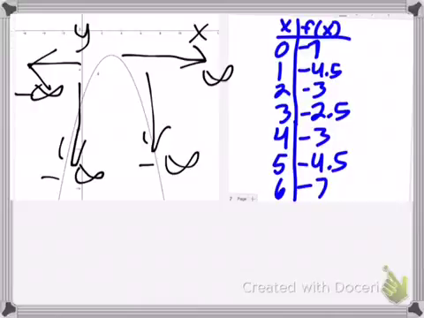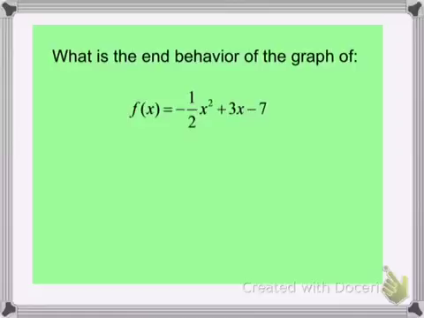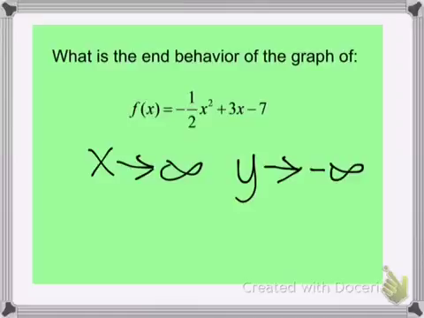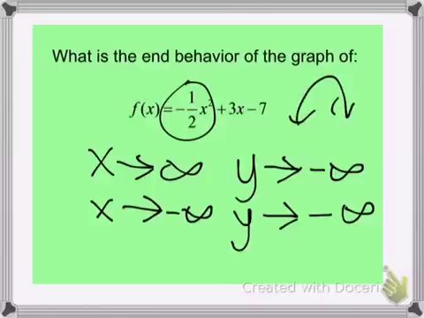So right here the same thing, as x goes to positive infinity, y approaches negative infinity. As x approaches negative infinity, y approaches negative infinity, and you know that because the a value is negative, which causes it to go down, like we saw in our parabola.